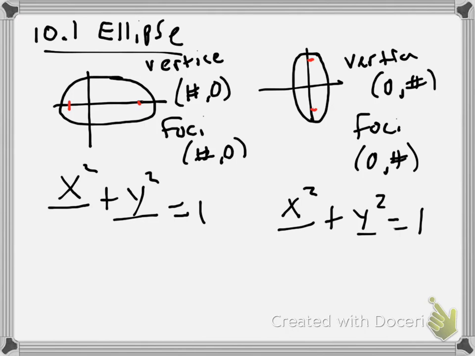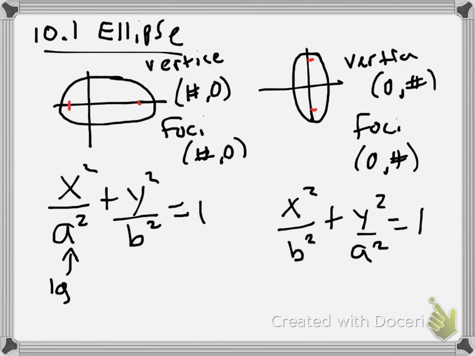Now, the only major difference between the two is, if you notice they're exactly the same, whichever one is your major axis. If your major axis is your x-axis, you're going to have your larger number underneath the x, and this is going to be our smaller number. So your larger number is going to be underneath the axis that it is. If ours was longer on our y-axis, this would be our b squared, because that's our shorter one, over a squared.